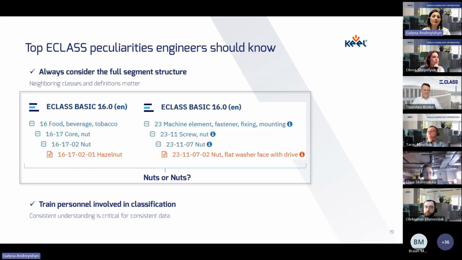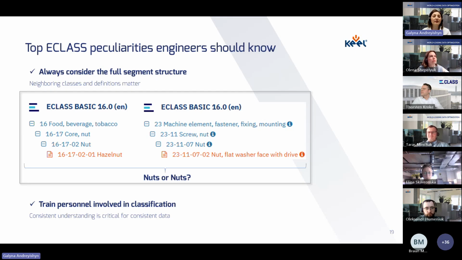Another important peculiarity is to always consider the full segment structure. Neighboring classes and their definitions truly matter. Sometimes two classes may sound similar, but they belong to completely different segments and carry different meanings. As shown in this example, we are talking about nuts.